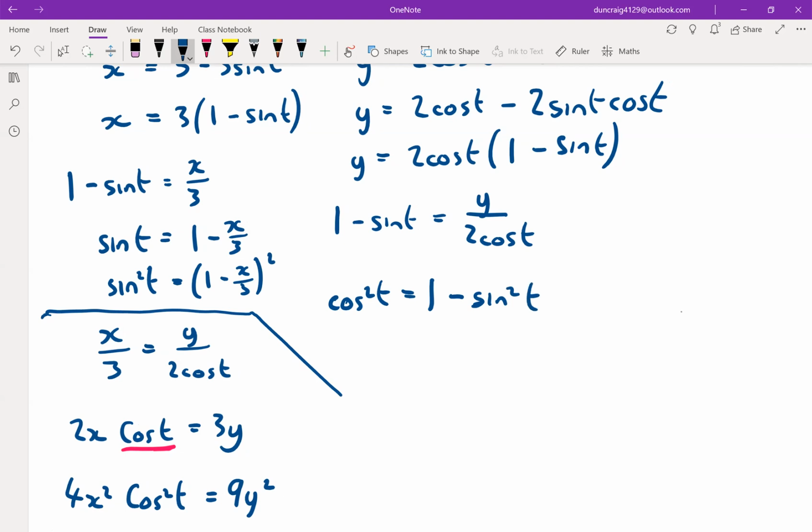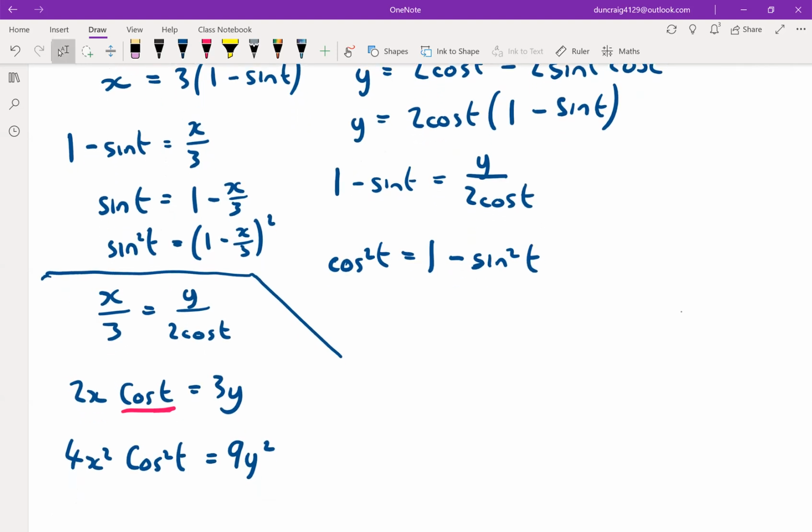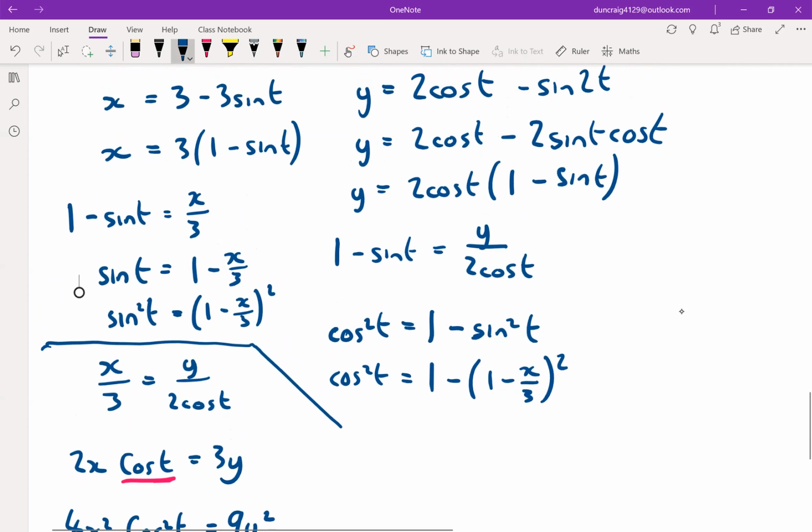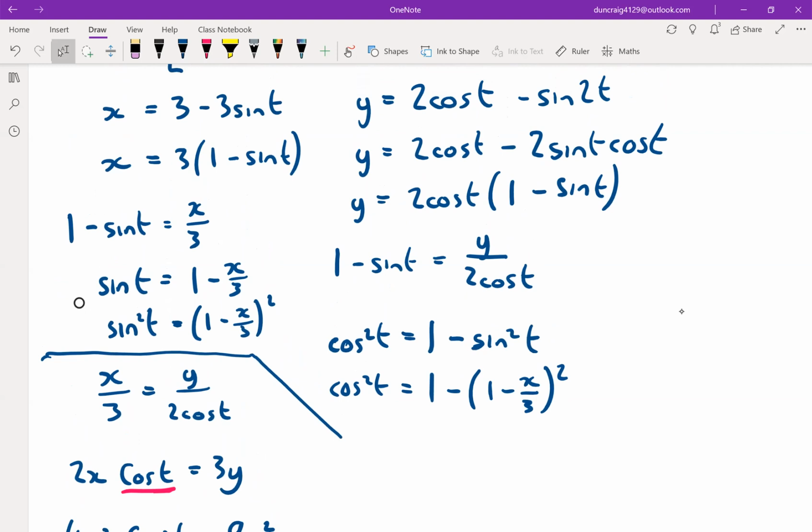So cos squared t is going to equal 1 take x over 3 squared. All right, am I happy with that? That looks right. Just want to make sure I didn't stuff up back here. So bring that over there. That goes over there. Yeah. All right, so that looks good.